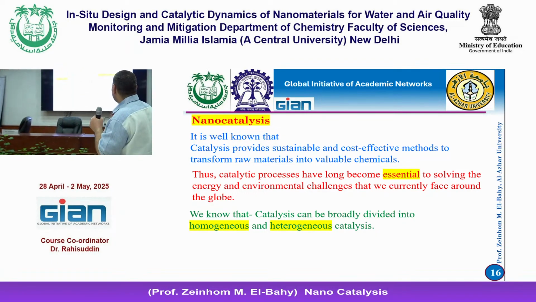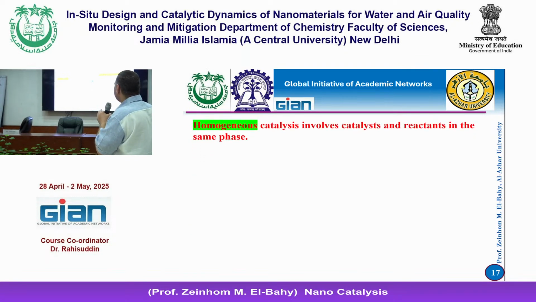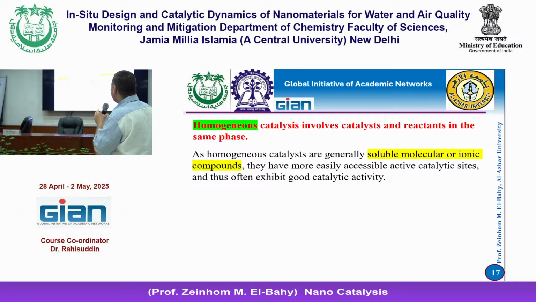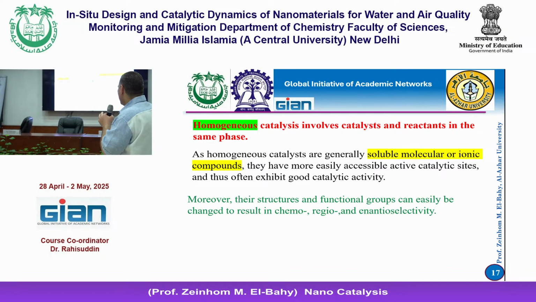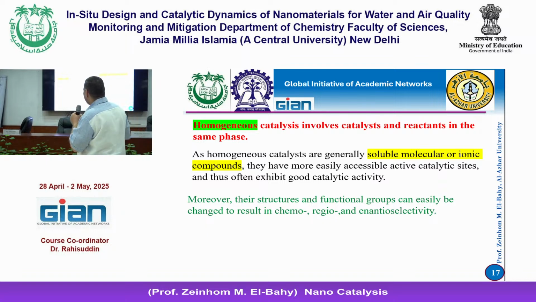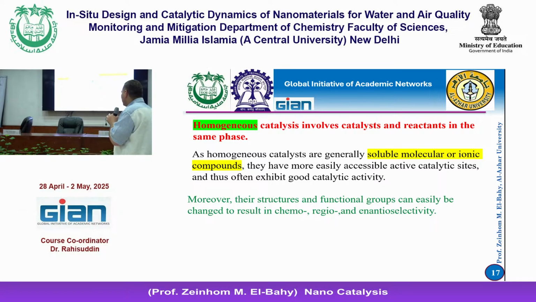Homogeneous catalysis involves catalyst and reactants in the same phase. Homogeneous catalysts may be soluble molecules or ionic compounds, which are completely accessible to the reactants, and also soluble with the reactants. Of course, their structure and functional groups can easily be changed to give chemo- and enantiomer selectivity, as we mentioned in the previous discussion.